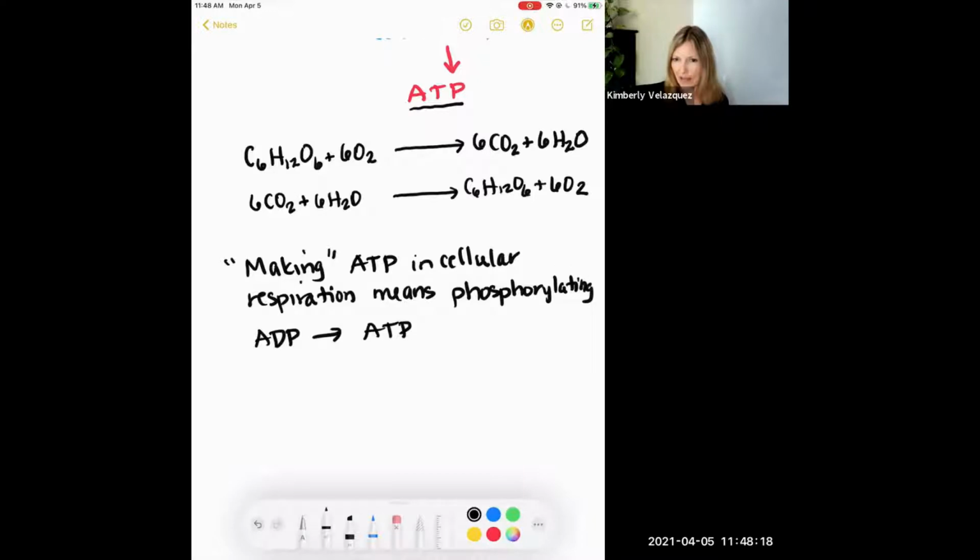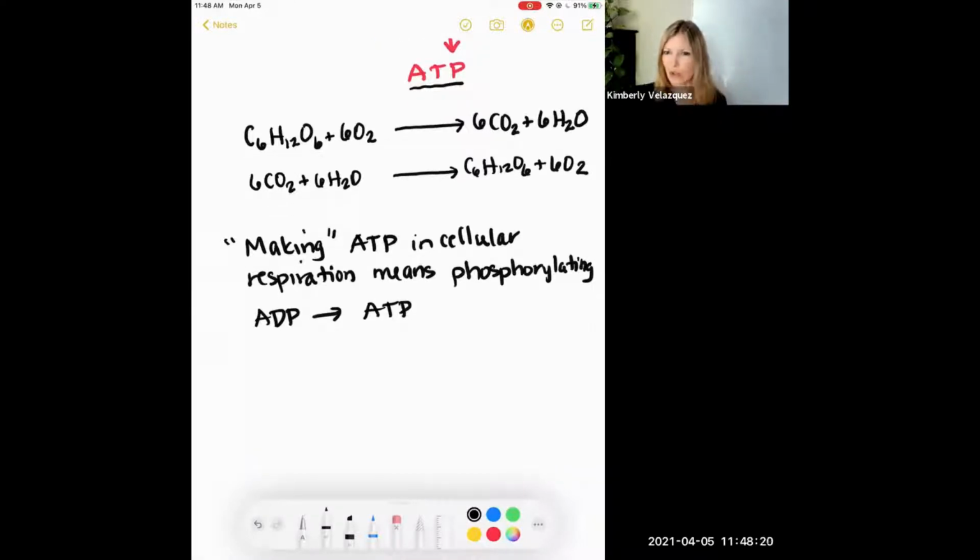What do we mean by that? Remember, phosphorylation means transfer of a phosphate group from one molecule to another. In this case, that phosphate group is getting added to ADP to make ATP. I'm going to show you that in just a little bit more detail.